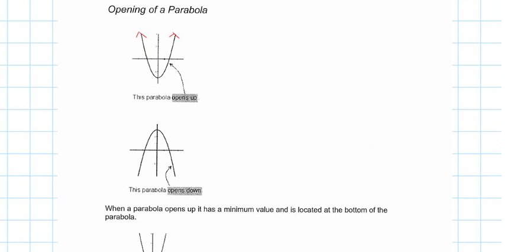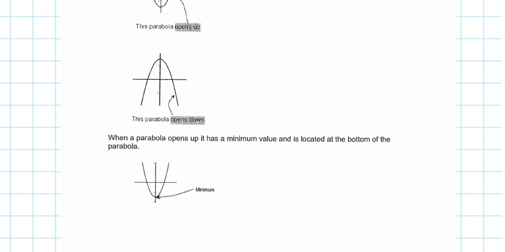Do we call this a minimum or a maximum? Minimum, right? So when a parabola opens up, it's going to have a minimum value, and it's located at the bottom of the parabola. So we call this a minimum. It's like going downhill and then going back up. So you have your minimum of the valley.